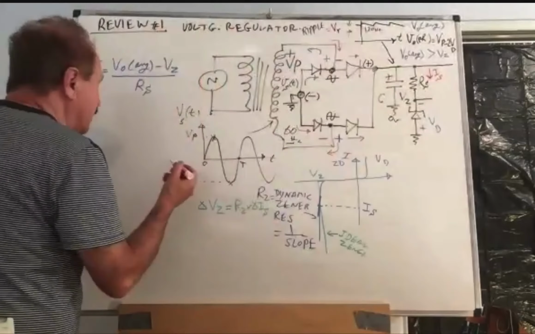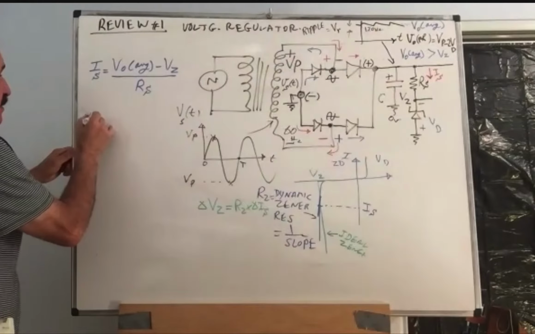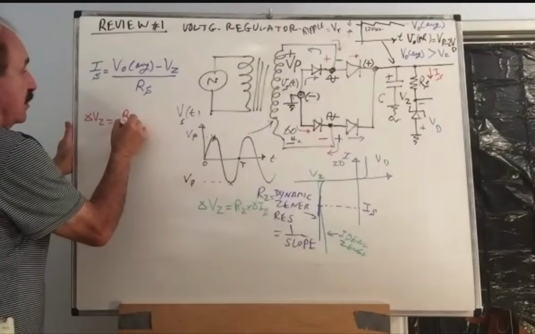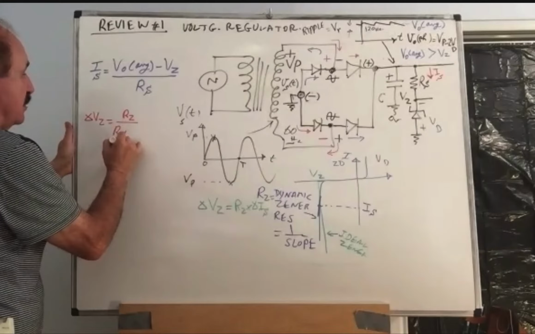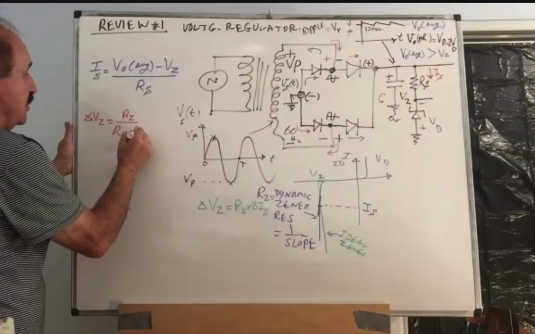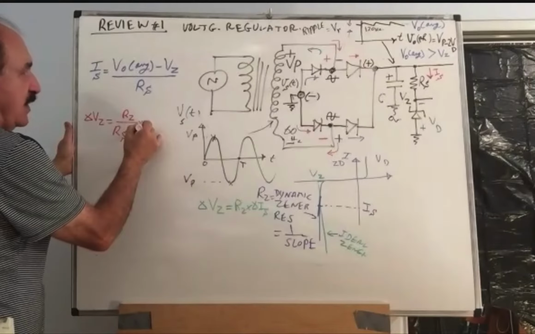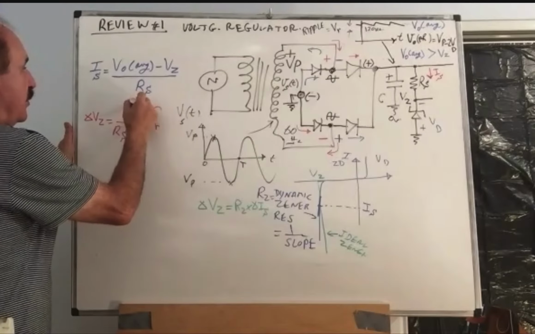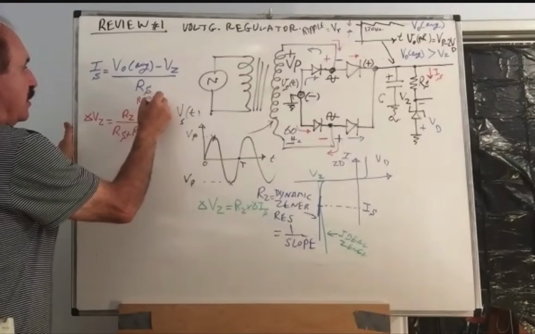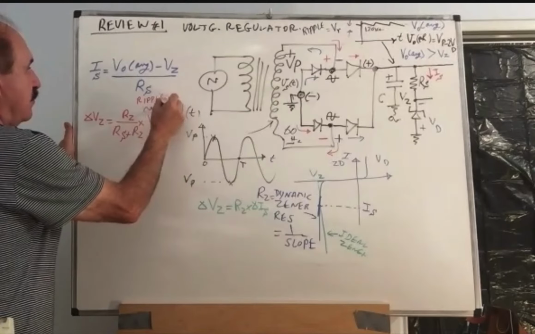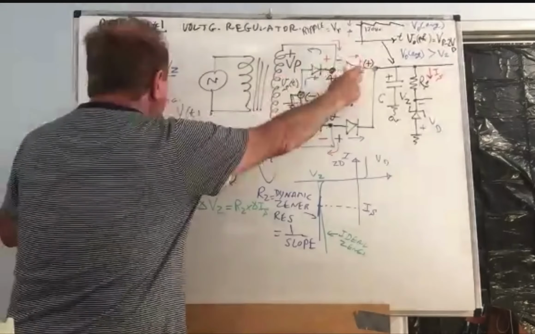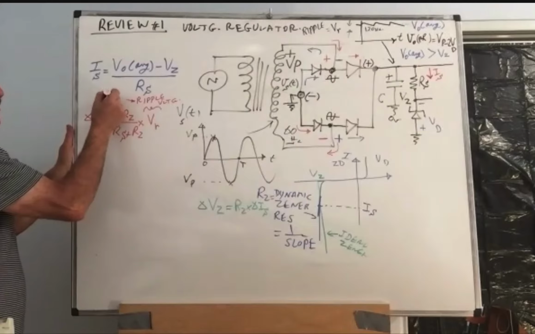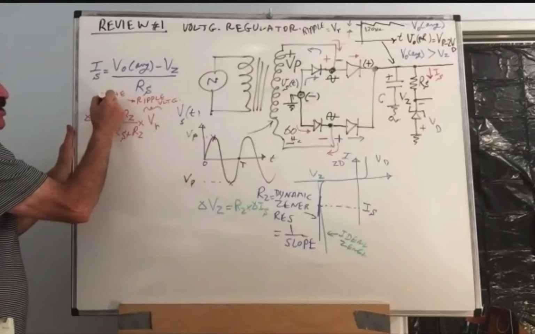In fact, delta VZ is going to be RZ over RS plus RZ, voltage divider, multiplied by VR. This is the ripple voltage at the capacitor, which is the change.